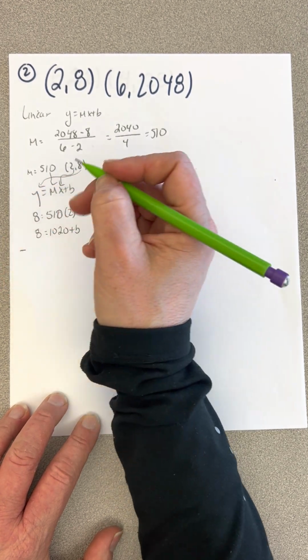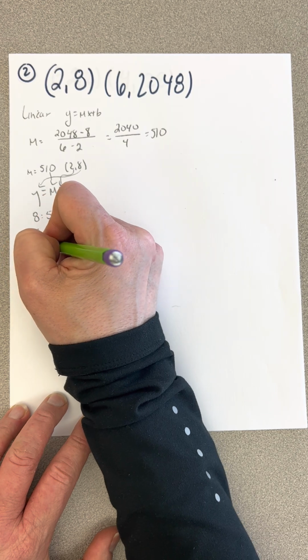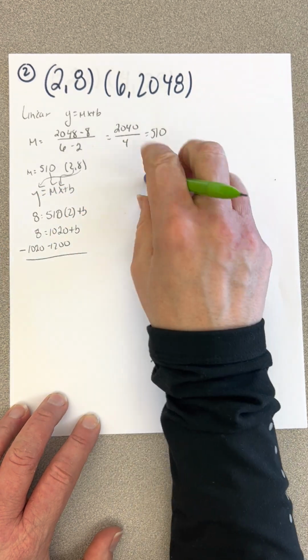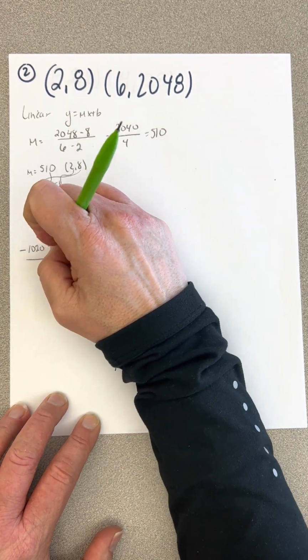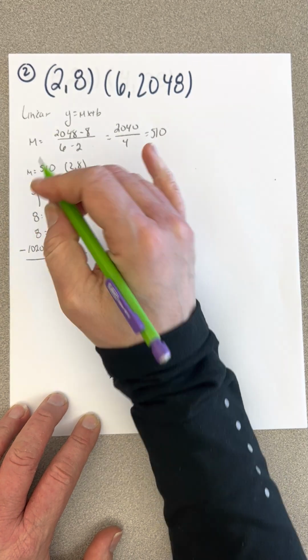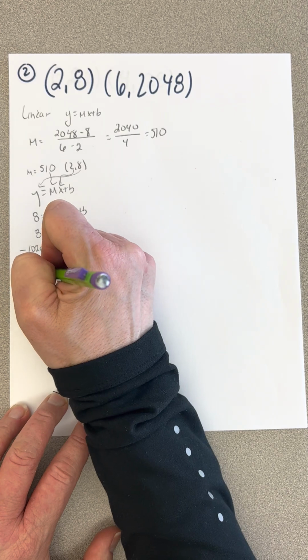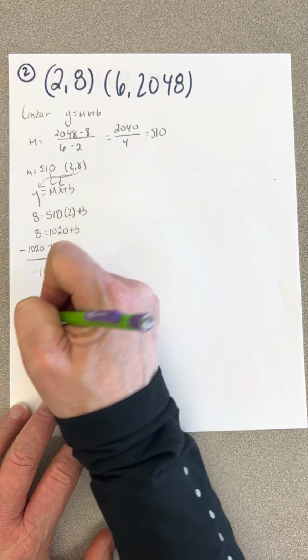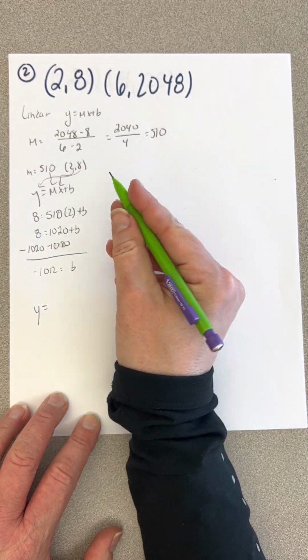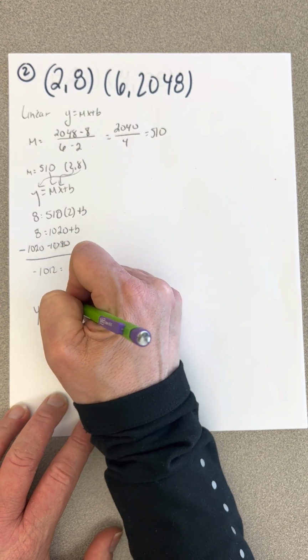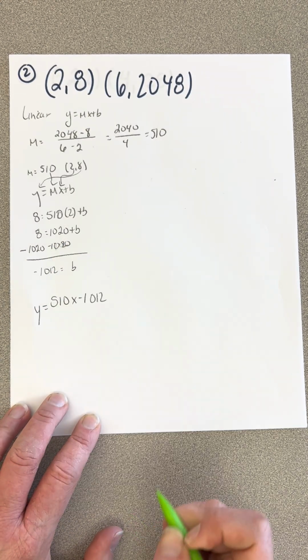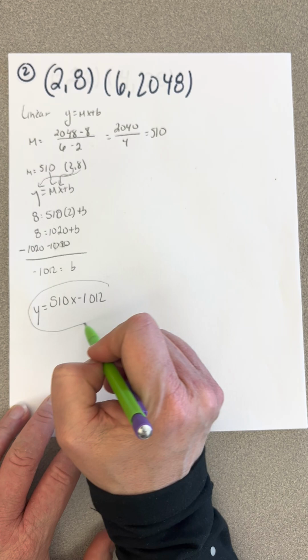Subtract 1,020 from both sides, and I'm going to get negative 1,012 as my b. So my equation is going to be y equals 510x minus 1,012. That is my linear equation.